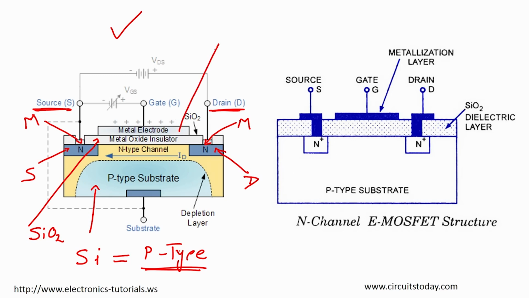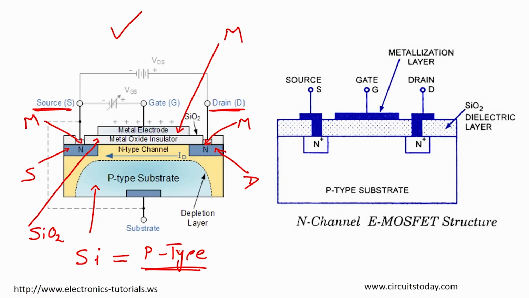I am just showing the schematic, do not worry, we will come back to the process flow where we will see each step in detail. Just look at the schematic so we know how the MOSFET looks like.